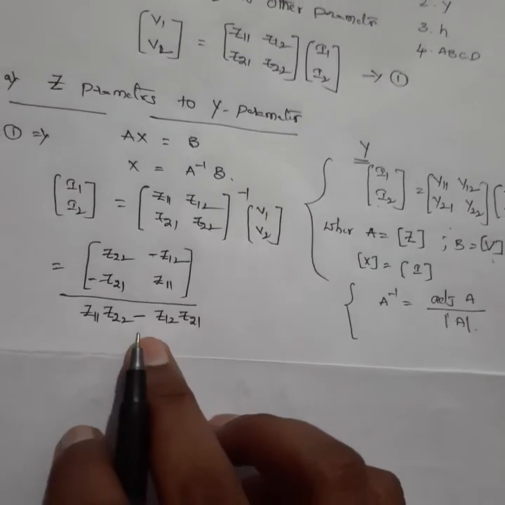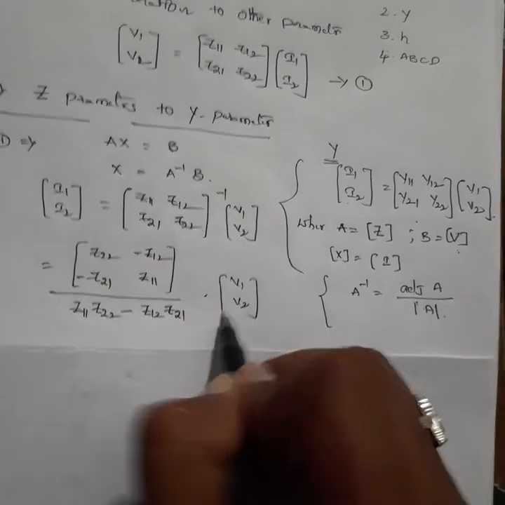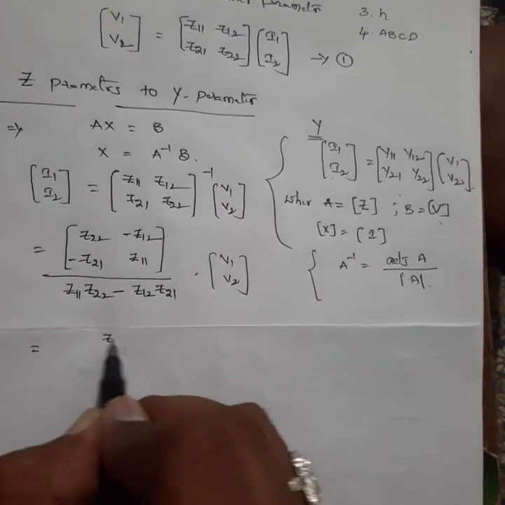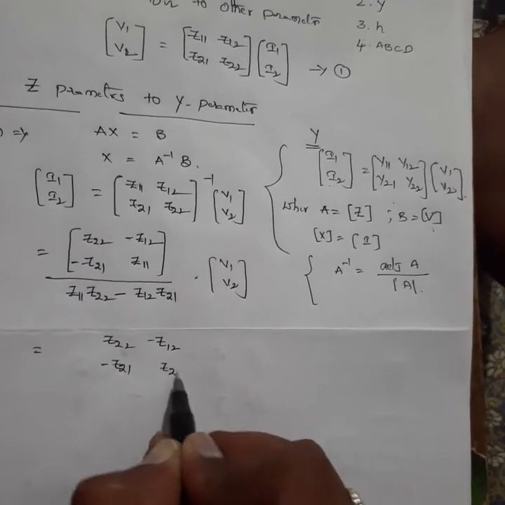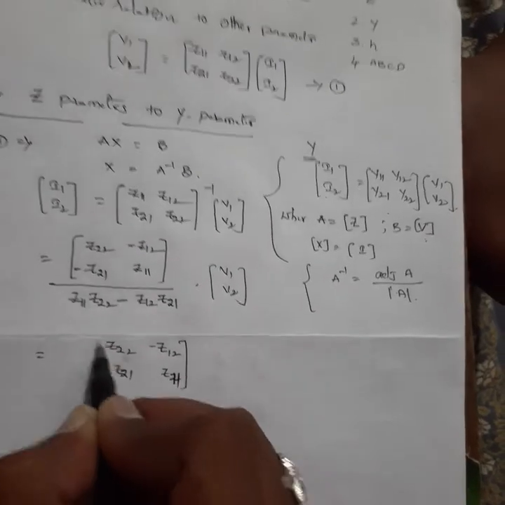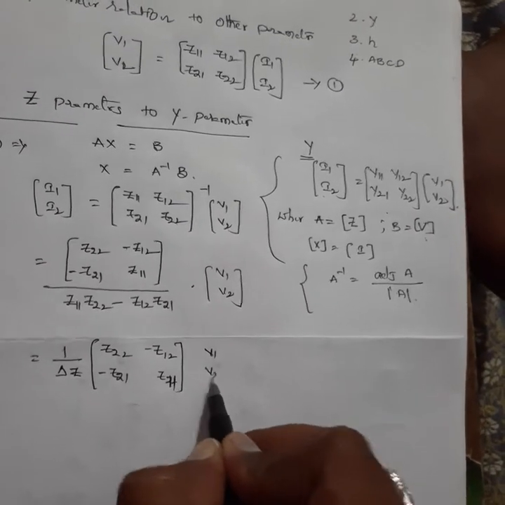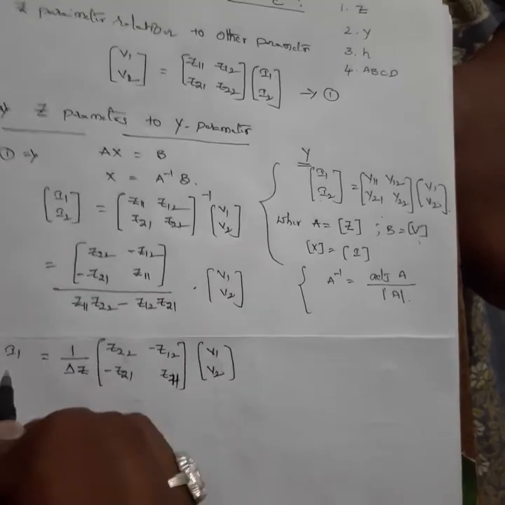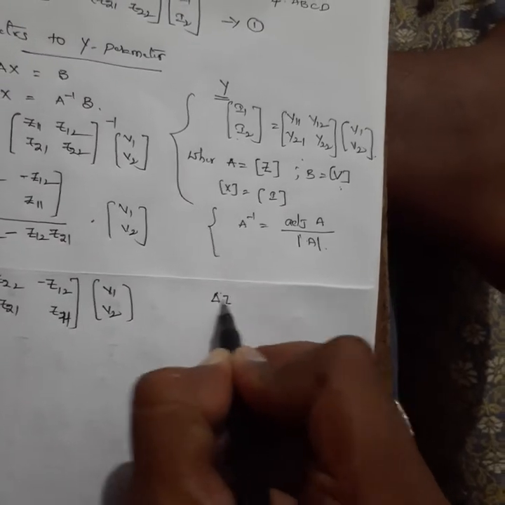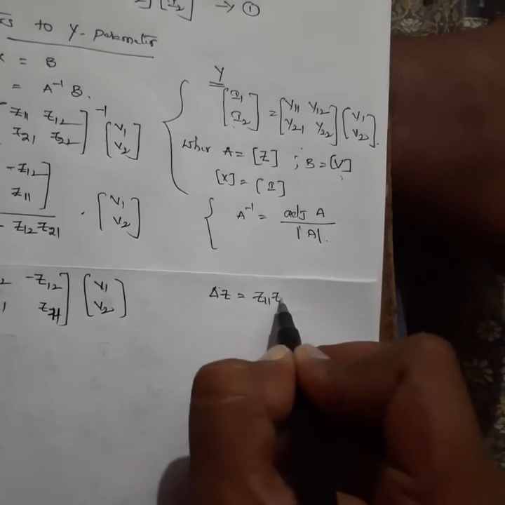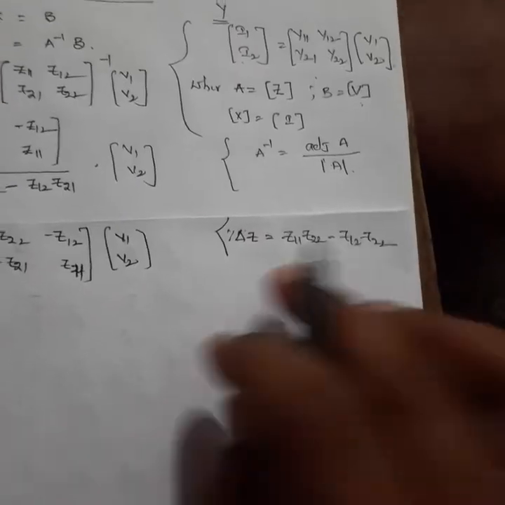So [I1 I2] equals 1 by delta Z times [Z22 -Z12; -Z21 Z11] into [V1 V2], where I am taking delta Z equals Z11 Z22 minus Z12 Z21.